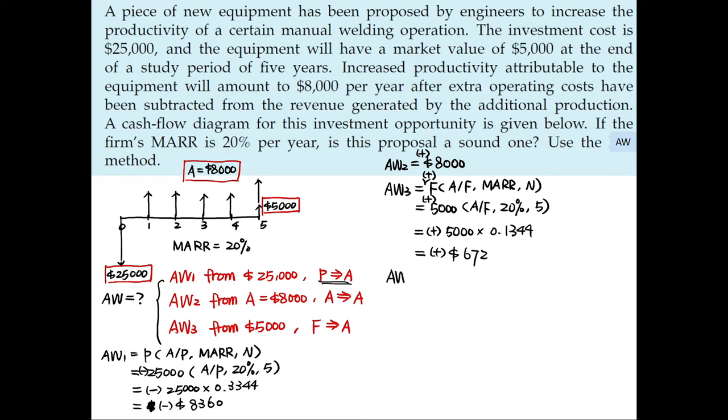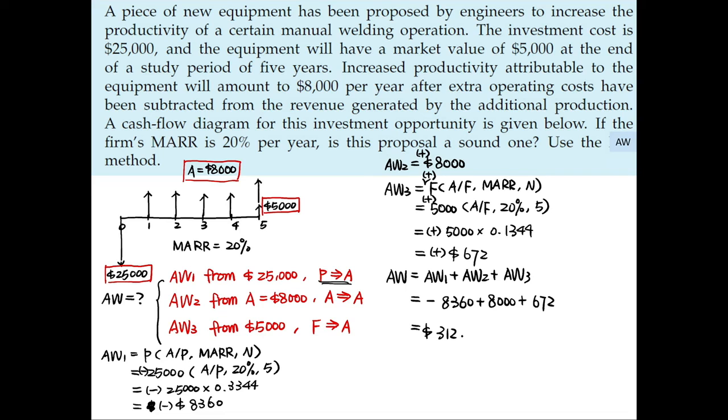So what is total AW? That's the sum of these three parts. AW1 is a negative number. AW2 is a positive number. AW3 is a positive number. The final result is 312 dollars.